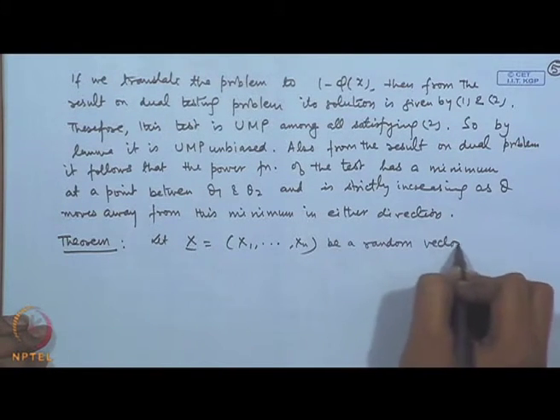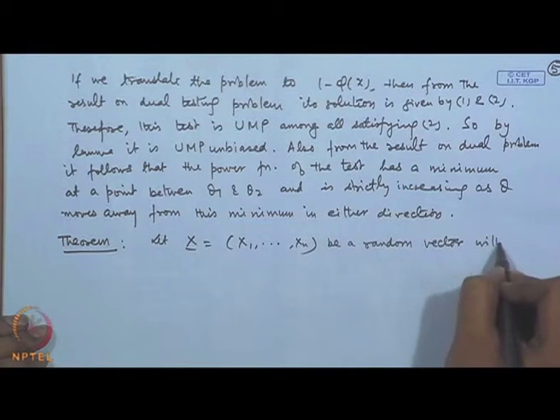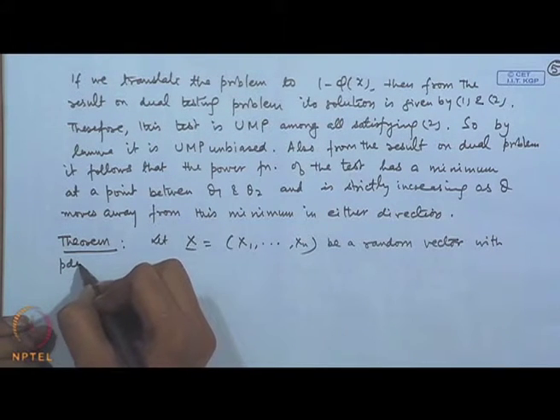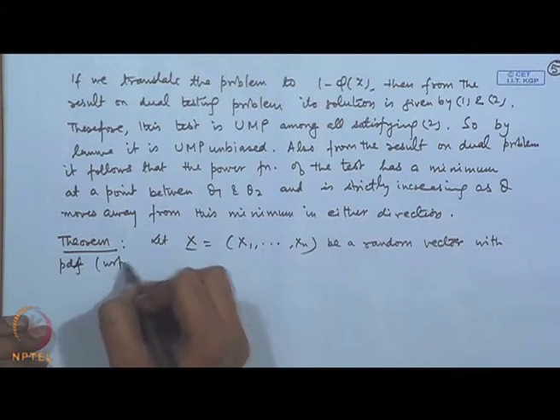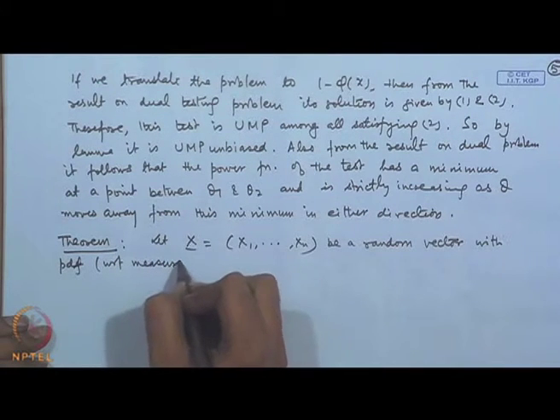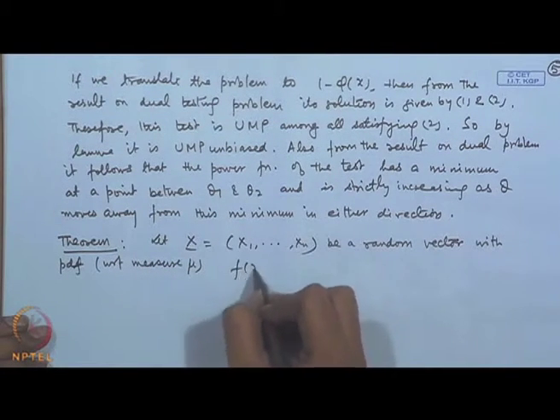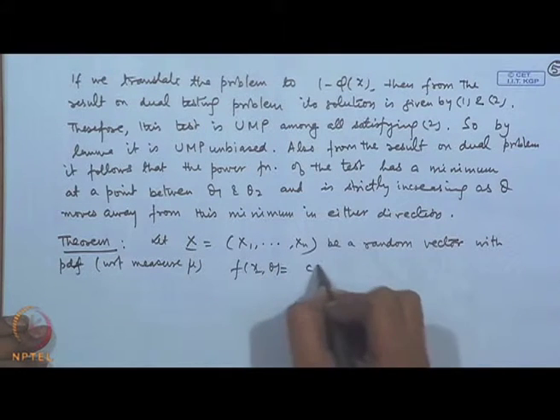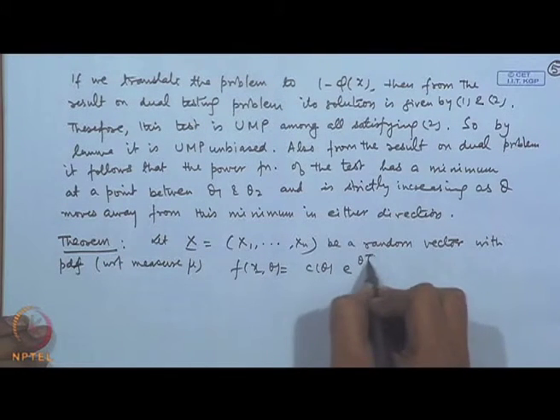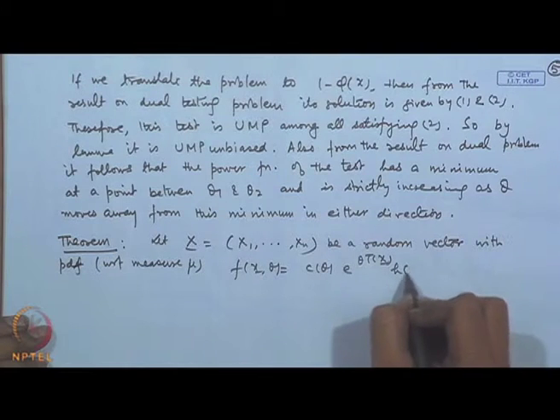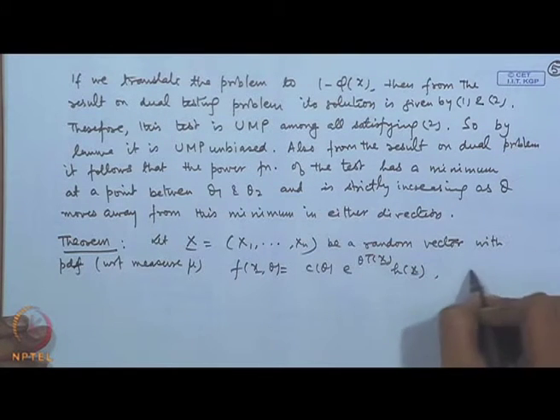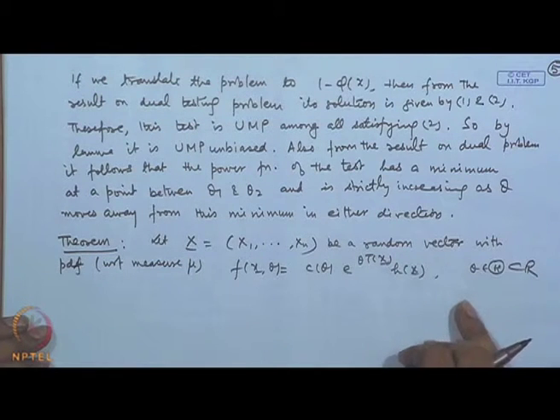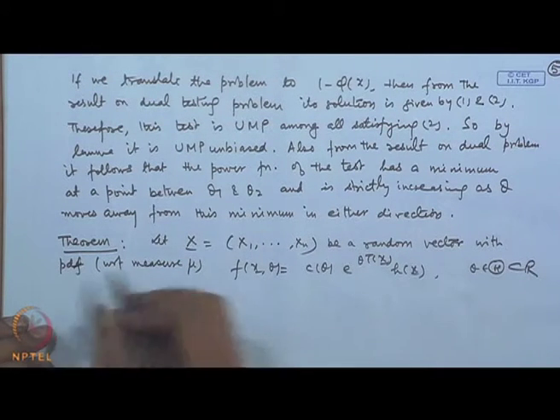Be a random vector with probability density function with respect to some measure mu, that is f(x, theta) is equal to c(theta) e to the power theta T(x) h(x), and theta is of course lying in a parameter space which is a subset of the real line.